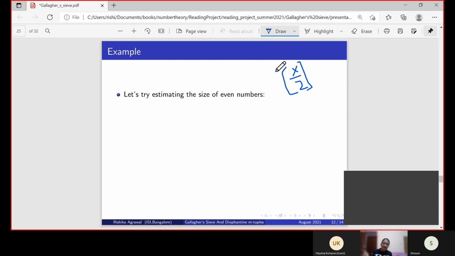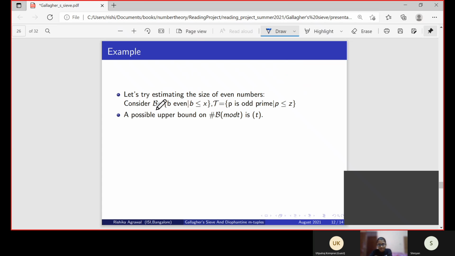So what can we take as the set B? Clearly even numbers, because that is what we want to estimate. So B is the set of all even numbers less than x, and what we are considering as T is the set of all odd primes. We are not considering all the primes because what set T we need to consider depends on the problem that we are looking at. What primes do we need in the problem?